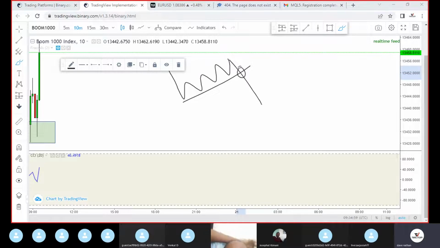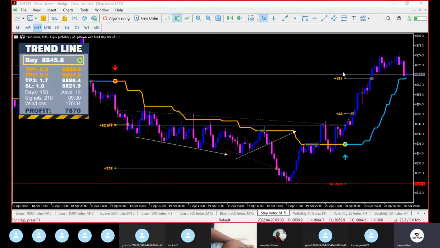All right. And that was what I was looking at on the step index example, which I gave to you guys, which I'm using to give this illustration. So this is that example. All right, you can see the market is in a downtrend. Starting from this point, this signal came in.